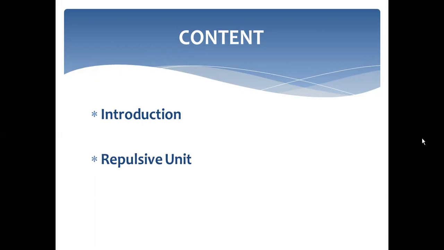In order to understand the VSEPR theory, we have to know about the repulsive unit. Finally, the VSEPR theory is very important for your final examination. I am going to introduce some examples of how to determine the VSEPR shape according to the repulsive unit. Let's move on to the subject now.